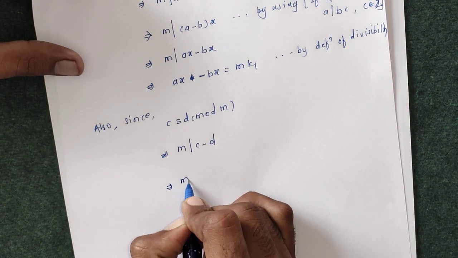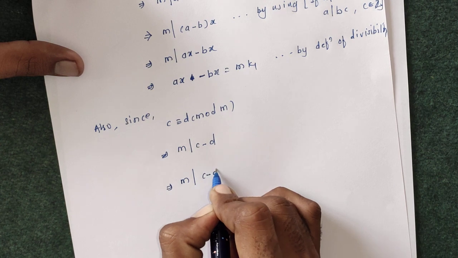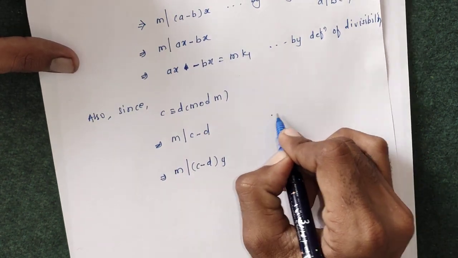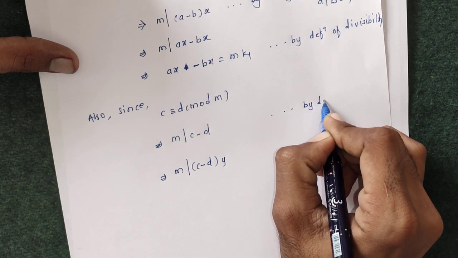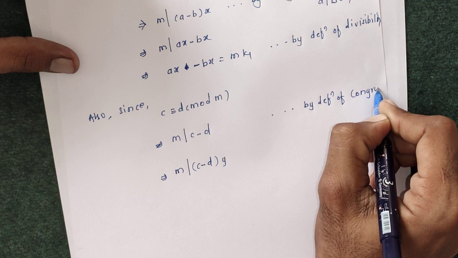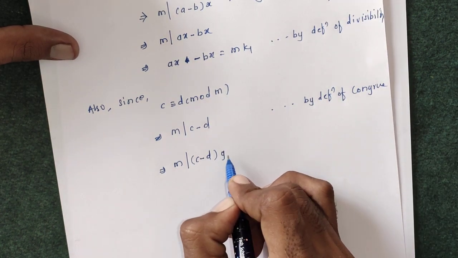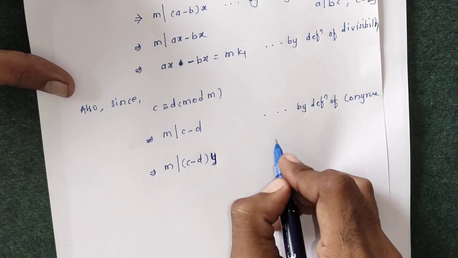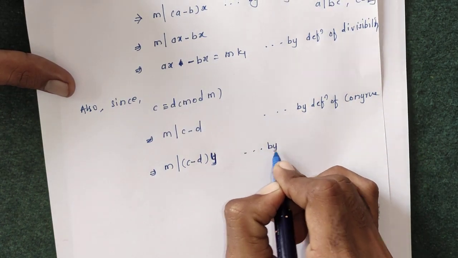This again gives us C minus D into some y by using the same result, by definition of congruence.